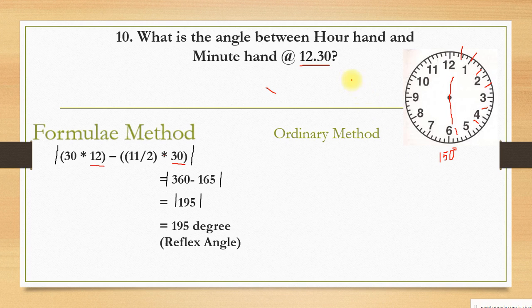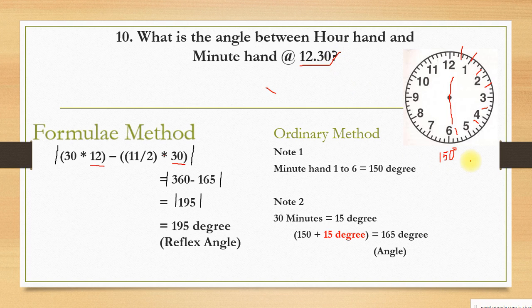I have 30 minutes, so 15, and the value would be 165. See here, the value is only 165 degrees. So if you ask what the correct answer is, 165 is the correct answer. Sir, then how is it 195 here?